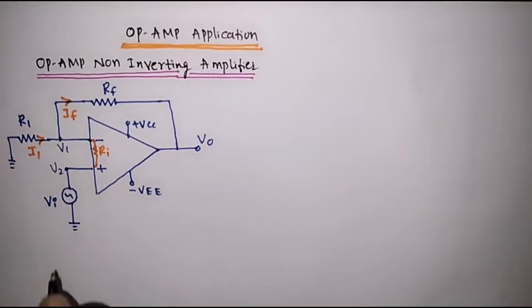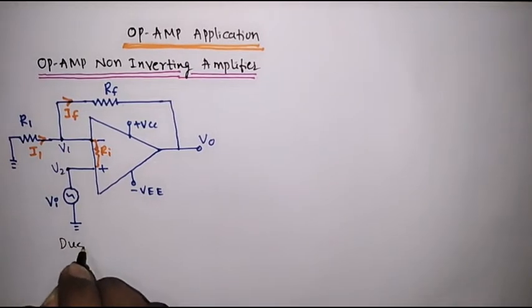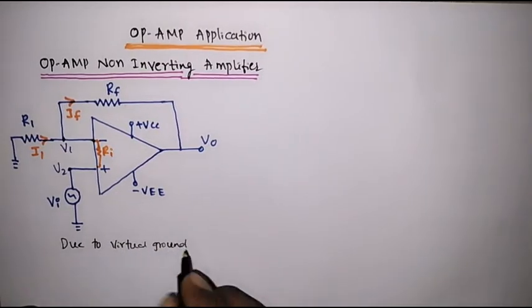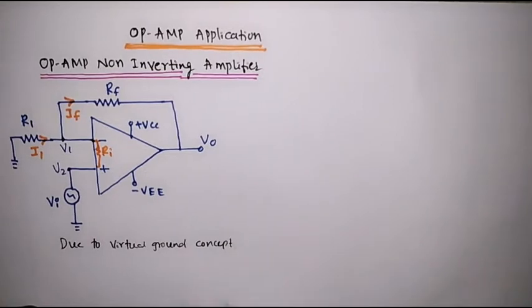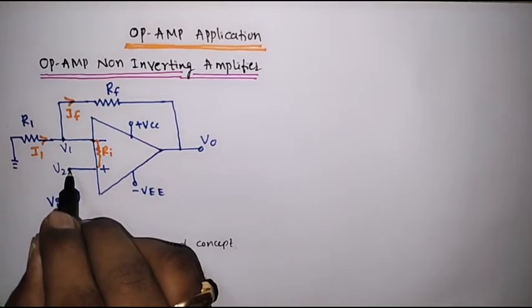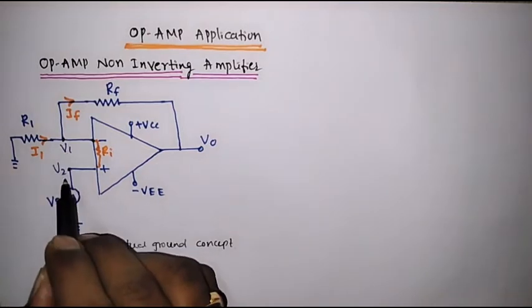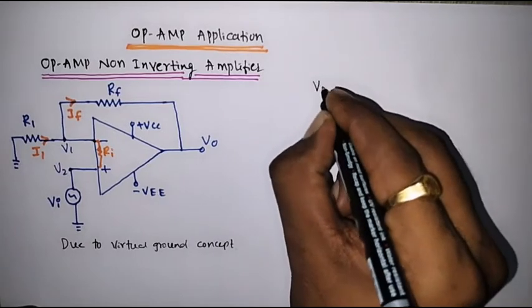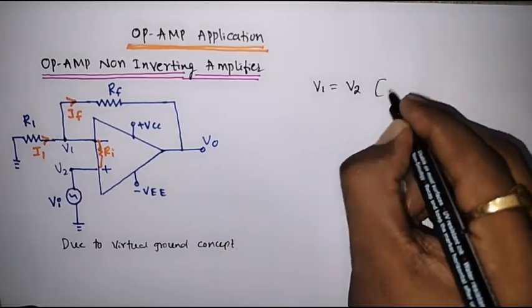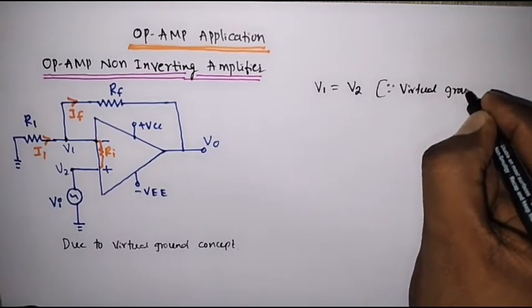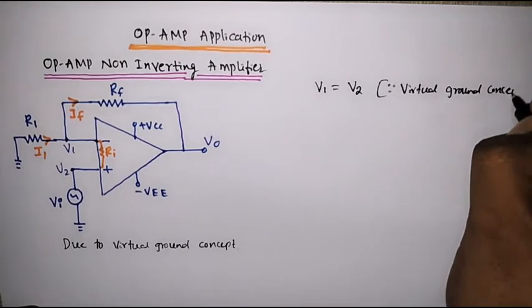We know that due to the virtual ground concept, the inverting and non-inverting terminals of the op-amp are at the same potential. Therefore, we can say V1 is equal to V2. Let's analyze this circuit. So V1 is equal to V2 because of the virtual ground concept.